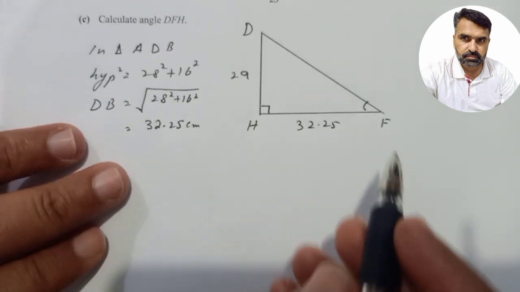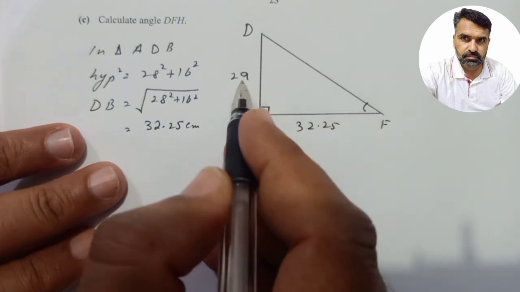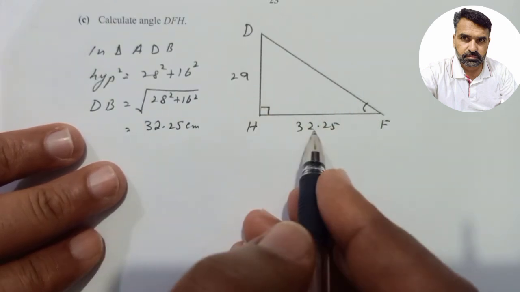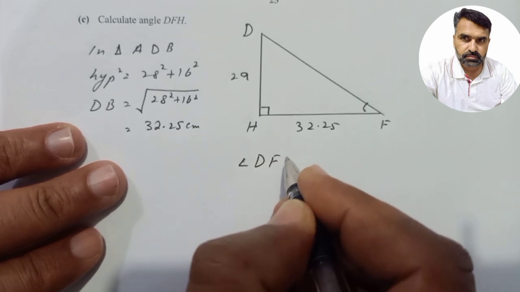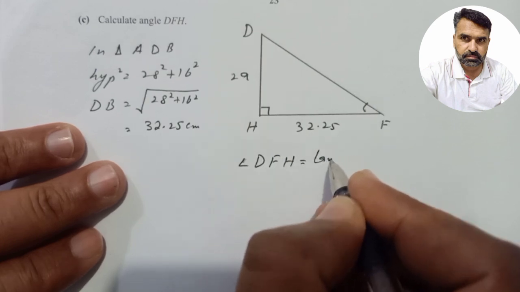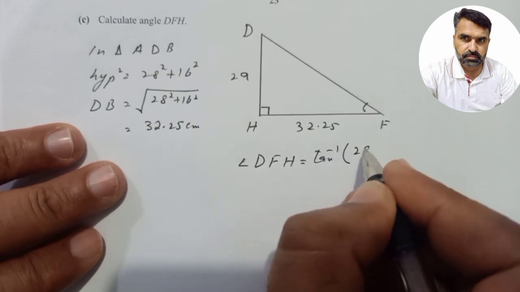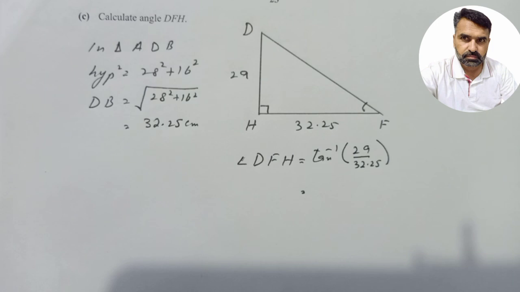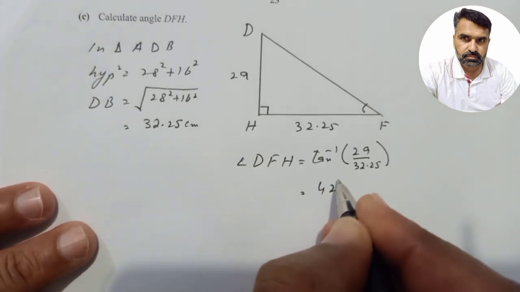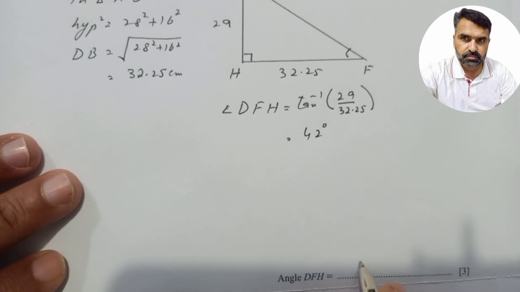So students, again we will use tan theta because it is perpendicular over base or opposite side to adjacent side, and angle DFH will be equal to tan inverse of 29 over 32.25, and we will have the value shift tan 29 over 32.25 and the value of the angle is 42 degree. So the value of angle is 42 degree.